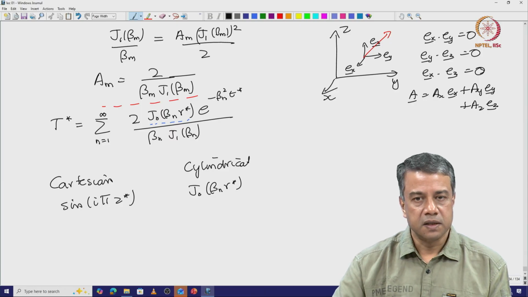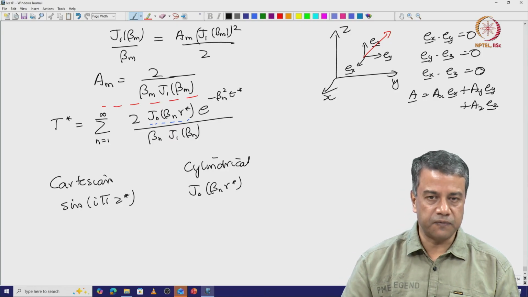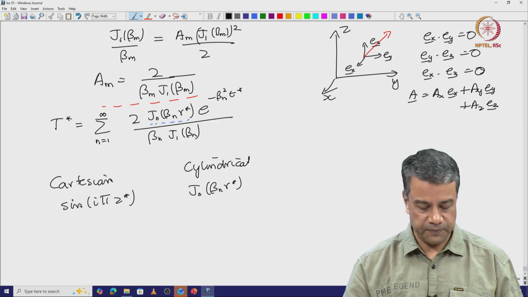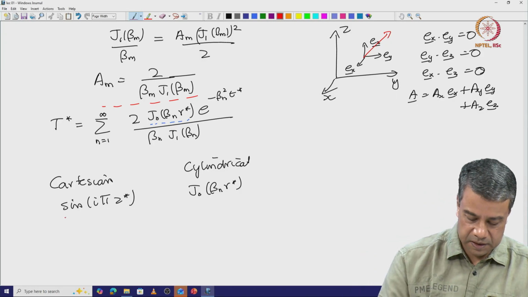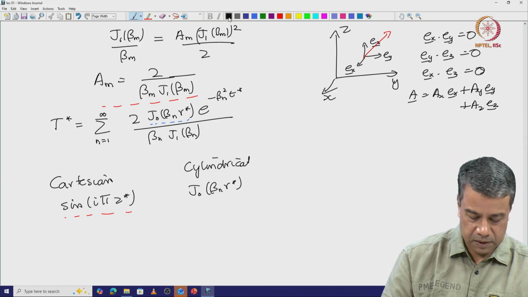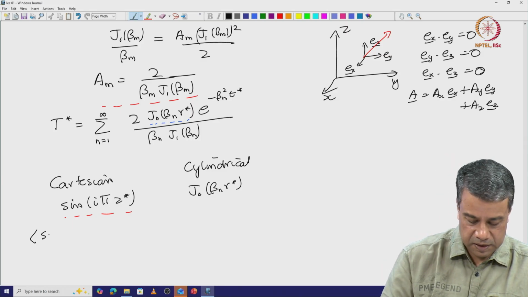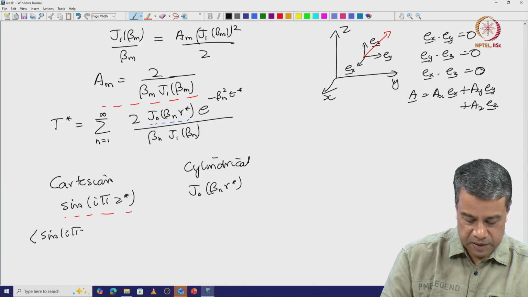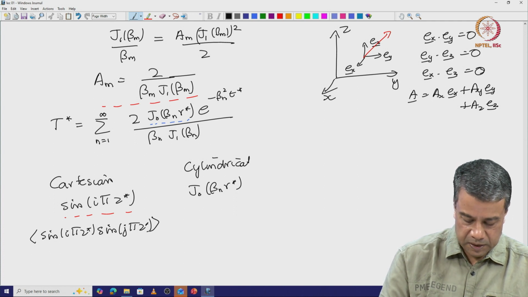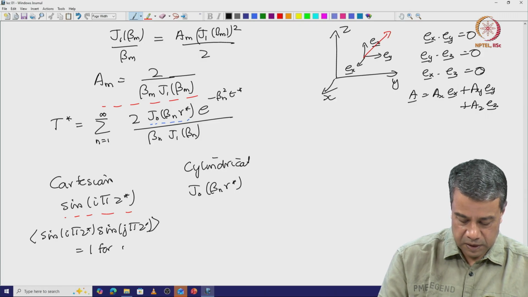Similarly, the function space, the space of all functions in the domain 0 to 1 in a Cartesian coordinate system, is spanned by these. And what is called the inner product, or the equivalent of the dot product for vectors, of sine i pi z and sine j pi z is equal to 1 for i equal to j and equal to 0 for i not equal to j.